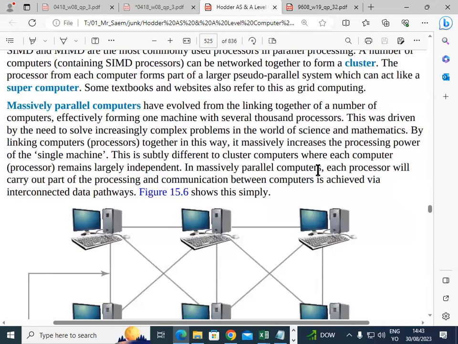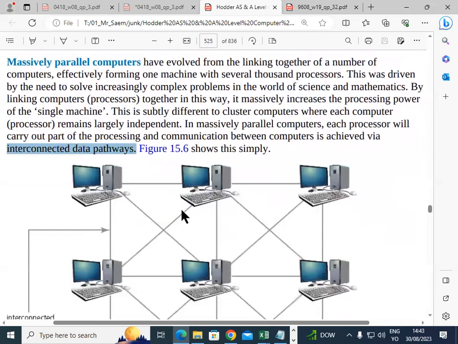In a massively parallel computer, each processor will carry out part of the processing and communication between computers is achieved via interconnected data paths. In this there are proper data paths. Technically, it's embedded into one unit, not through network lines. It is kept in one unit and connected there, and that makes a supercomputer.